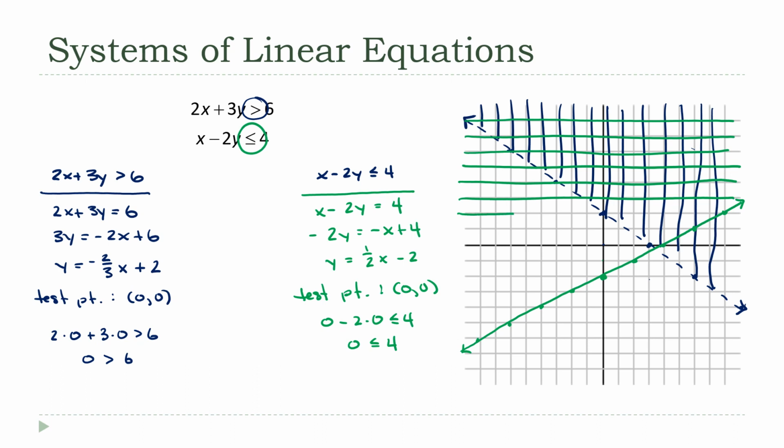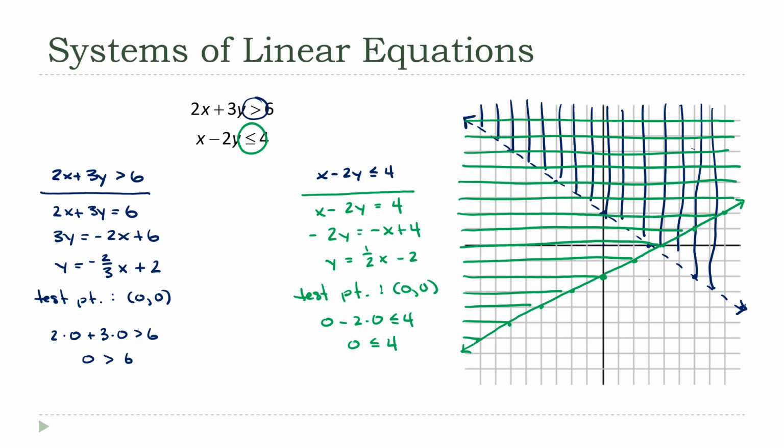Now here's where you have to be careful. It's easy to lose track of the line you're supposed to be following and accidentally start following the other. So I'm really focused on the solid line. That's the one I'm going over to every time. There we go. And now you can see your solution.